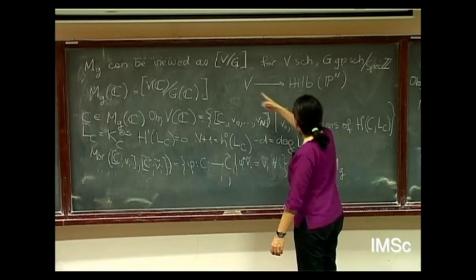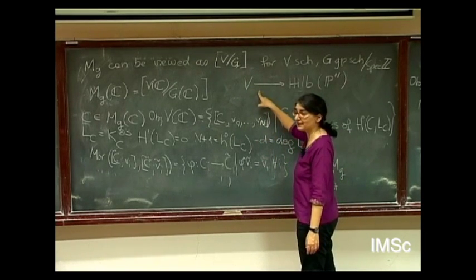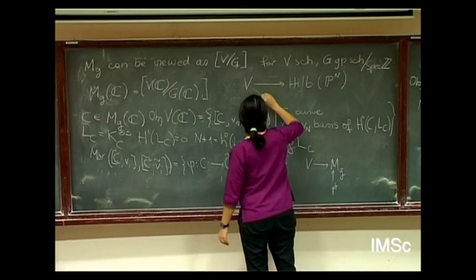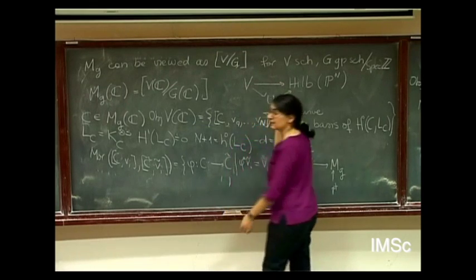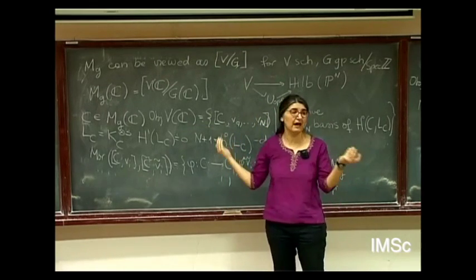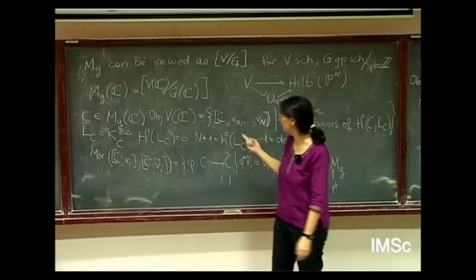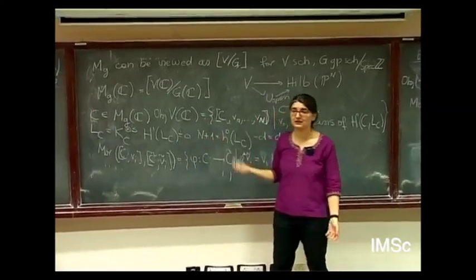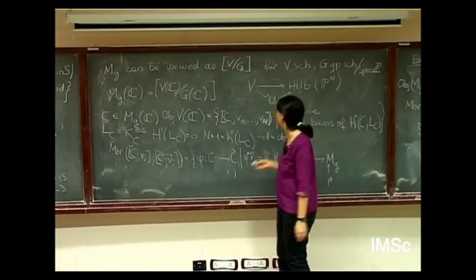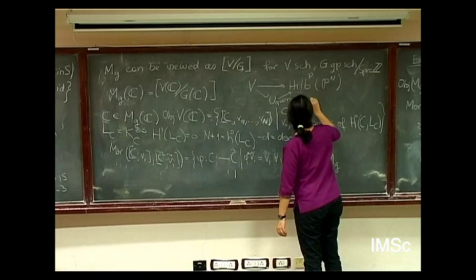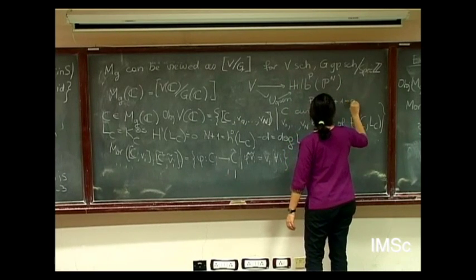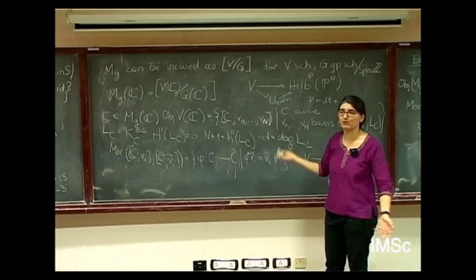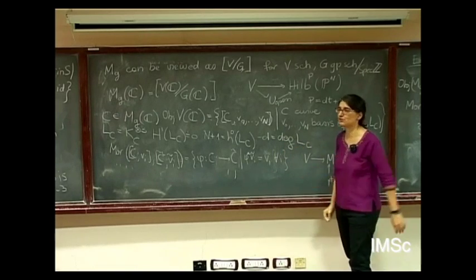And this map, if you view this as a set, has as image a U, which is open in a Hilbert scheme. They all have the same Hilbert polynomial, which is determined by the genus and the degree, and it's a usual formula. So this is Hilbert P, and P is dt plus 1 minus g, the Hilbert polynomial of a curve of degree d and genus g.